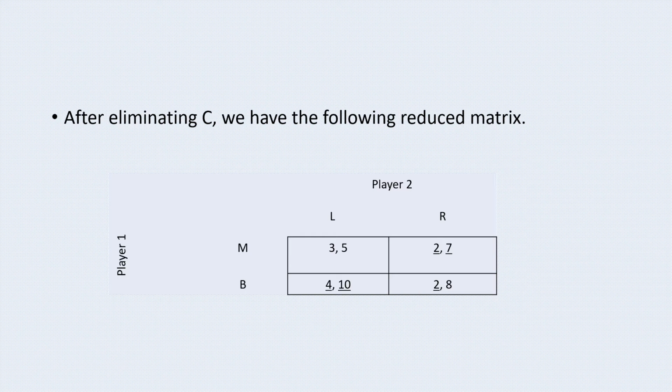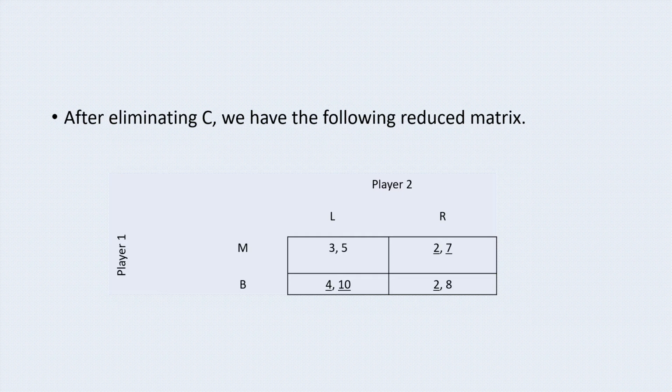After eliminating C, we have the payoff matrix that looks like this. Now let us compare L and R and check if either of them is a dominated strategy. If player 1 plays M, then player 2 prefers R over L because he likes to get this 7 instead of the 5. And if player 1 plays B, then player 2 prefers L over R because he likes to get this 10 instead of the 8.